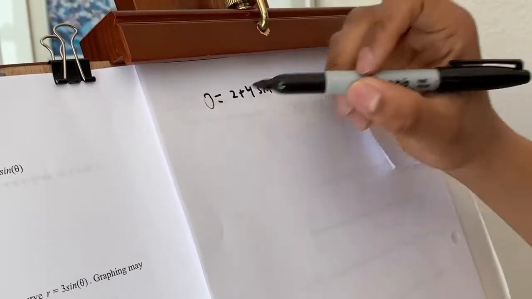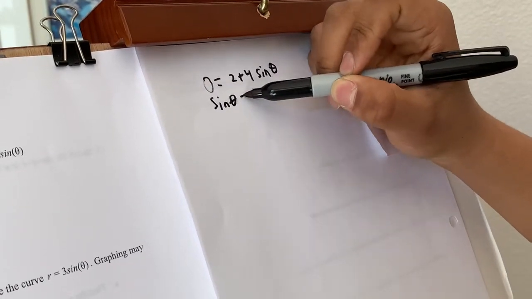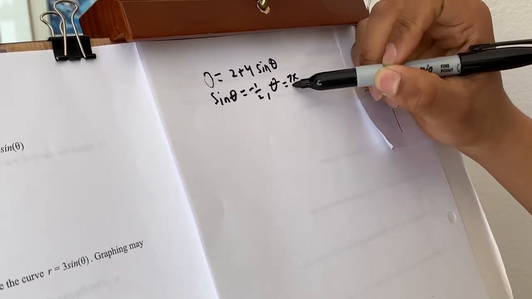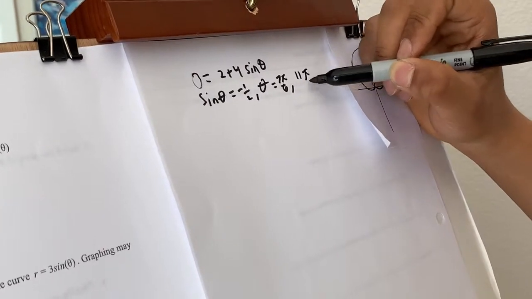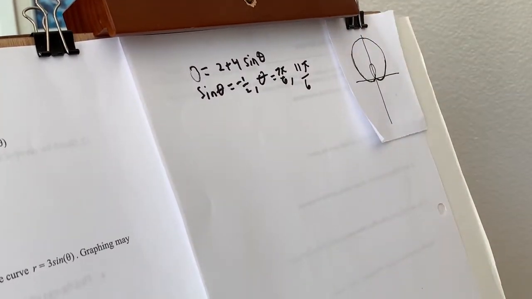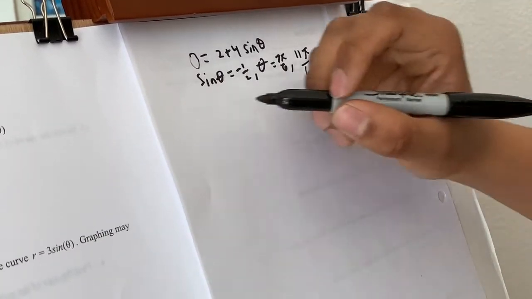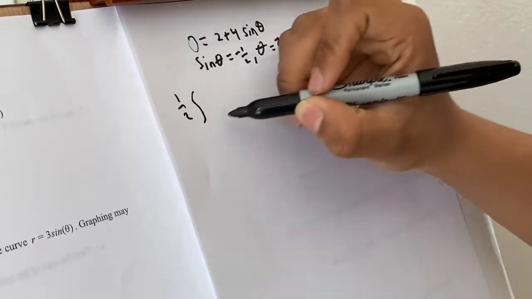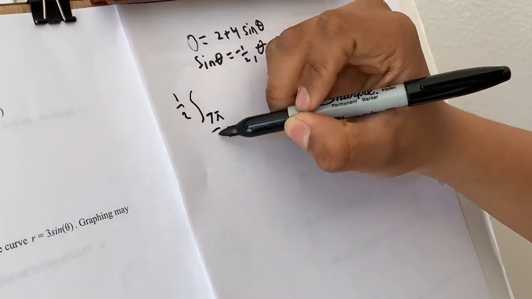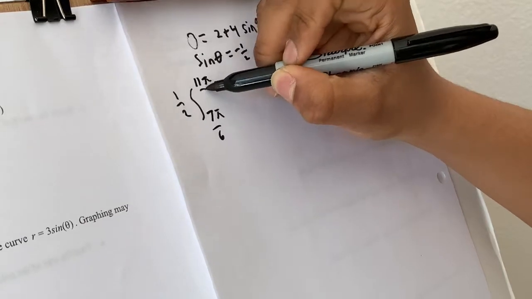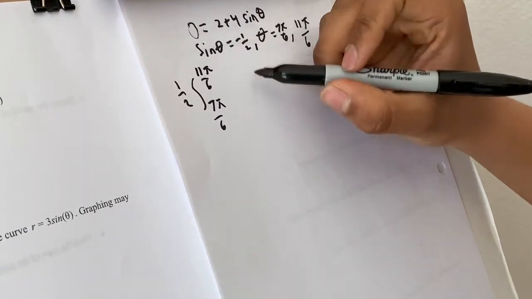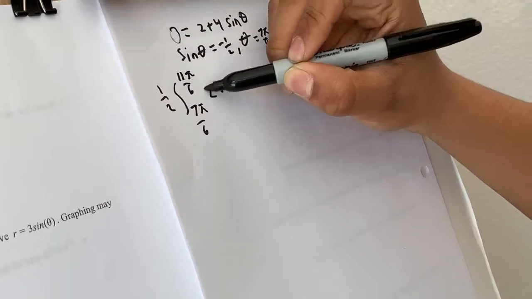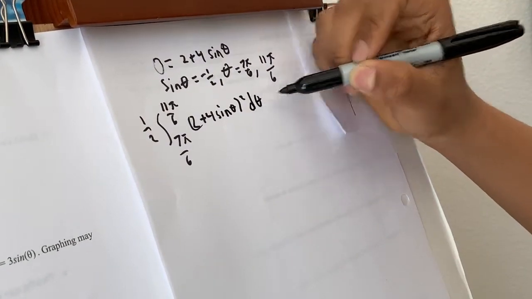Using algebra, we can find out that sine theta needs to equal negative 1/2, where theta is going to be equal to 7 pi over 6 and 11 pi over 6. Next, to find the area of that inner loop, using the area formula, we're going to do half times the integral from a to b, where a is 7 pi over 6 and b is 11 pi over 6, of r, which is 2 plus 4 sine theta, squared d theta.